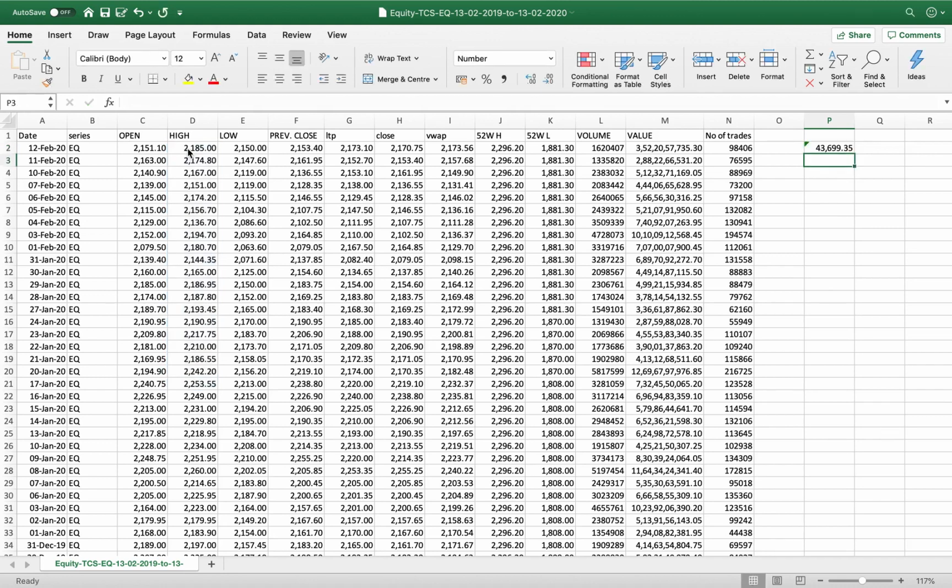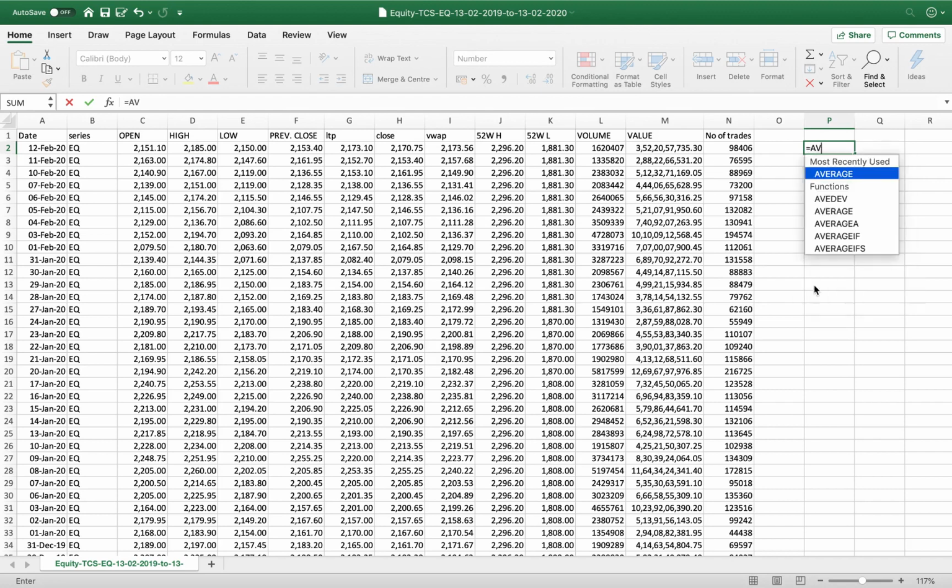Now what is average? How will you calculate the average of these 2 data? You can either use the average function, or you can use the sum of these 2 divided by 2.